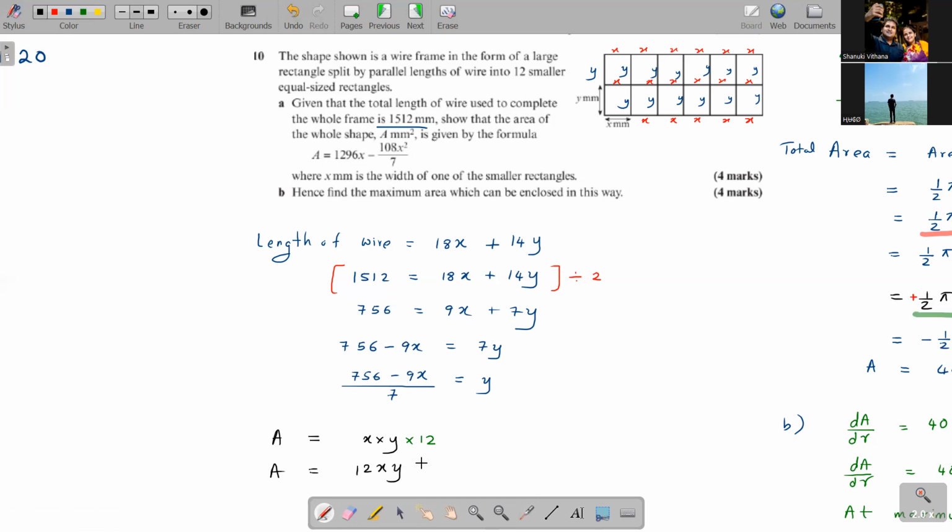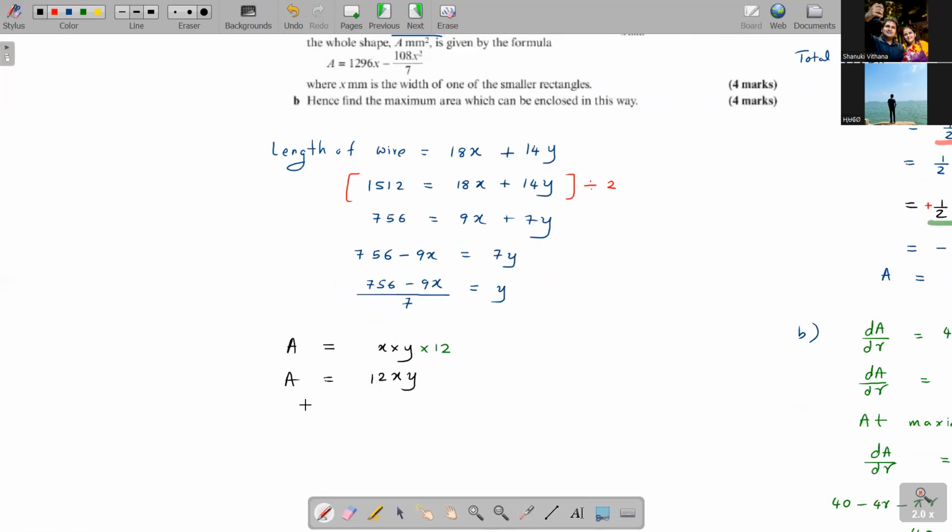So area is 12xy. Now it's time to substitute the y here. Replace y. 12 into x into y is 12x times 756 minus 9x, whole thing divided by 7. Do you agree? The 12 and 7 will not cancel, right?